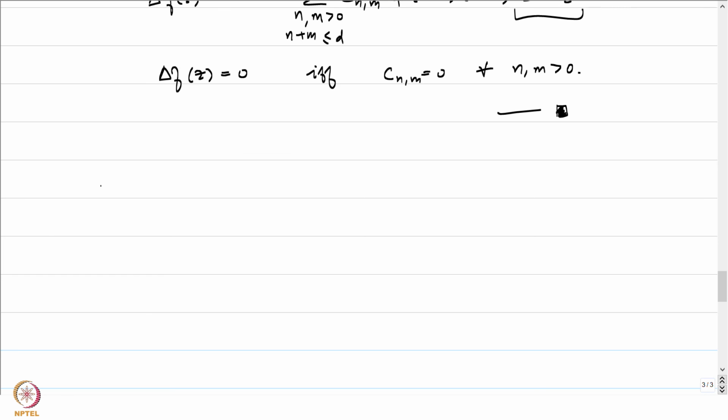Let me conclude this problem session by solving one more problem. We will try to see when an entire function can be real valued. Entire already captures the fact that the function is holomorphic on the entire complex plane. So let f from C to C be an entire function.